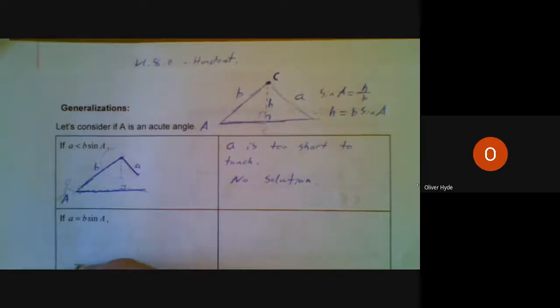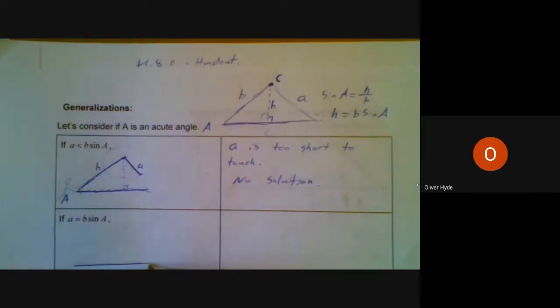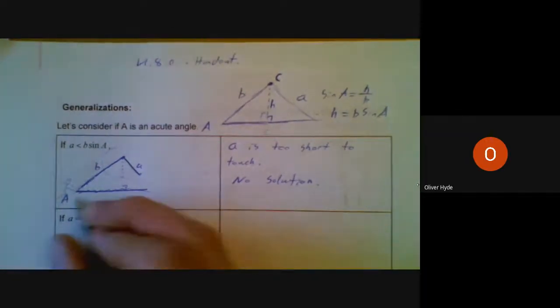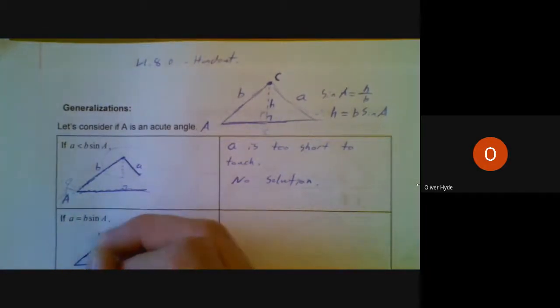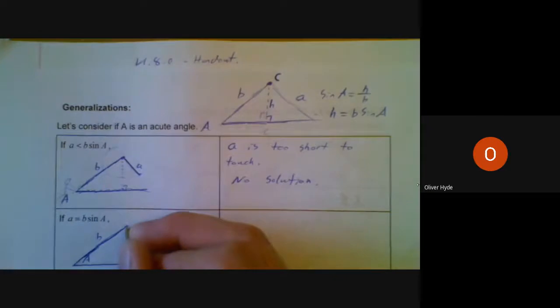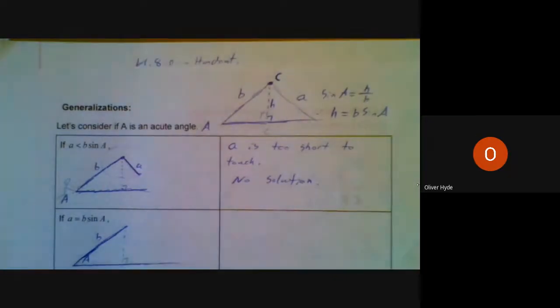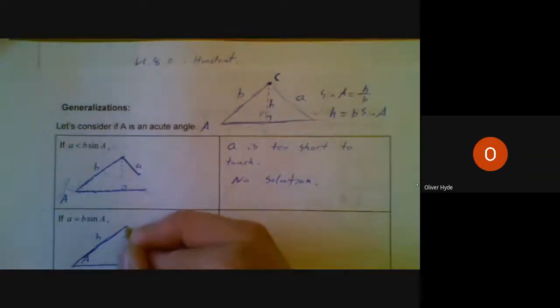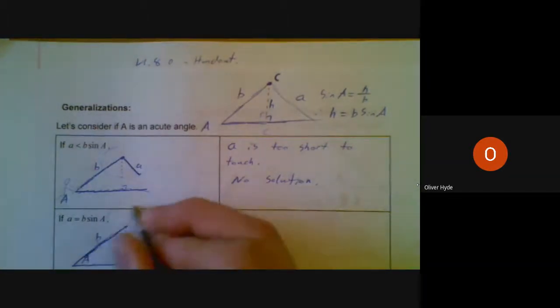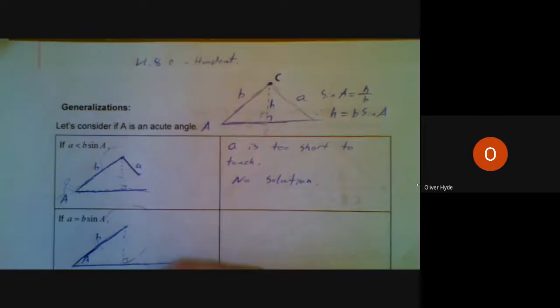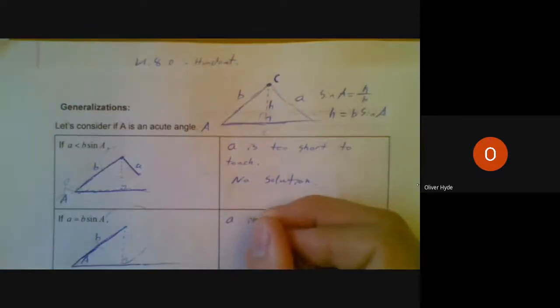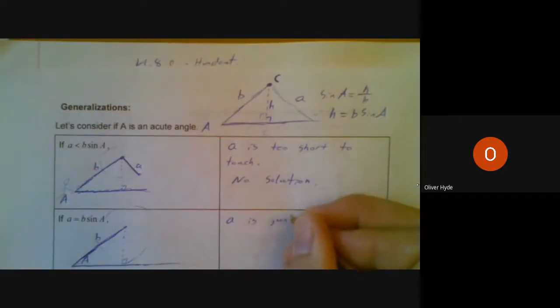If they let out just enough line, keep in mind we don't know the length of this side. That's also ambiguous. We know this distance, we know this angle, and we know we can calculate that shortest distance. If A is exactly the same as that shortest distance, then the fisher's line will be just long enough to touch once.